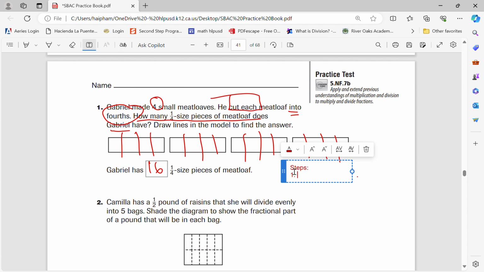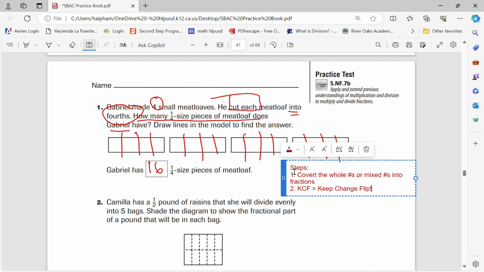Step 1, we first want to convert the whole numbers or mixed numbers into fractions. Next thing you want to do is to use KCF, which is an abbreviation for keep, change, flip.